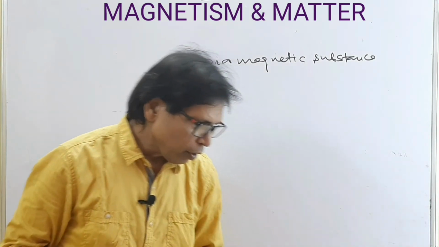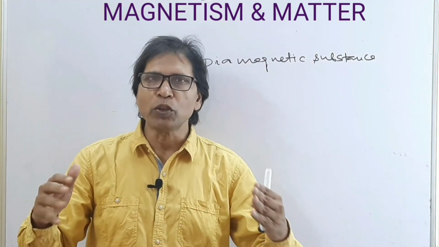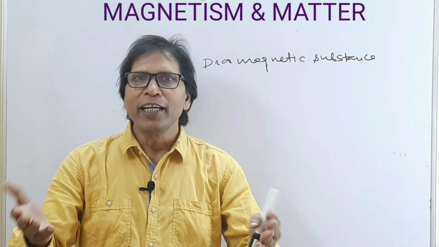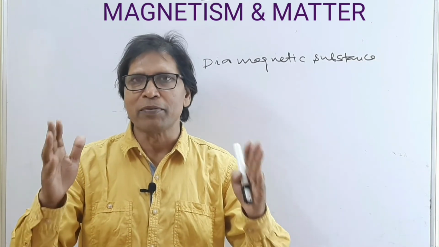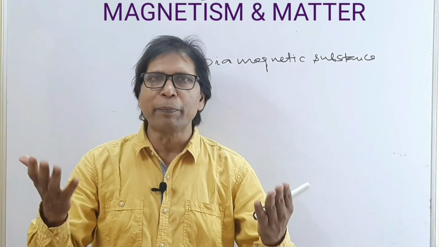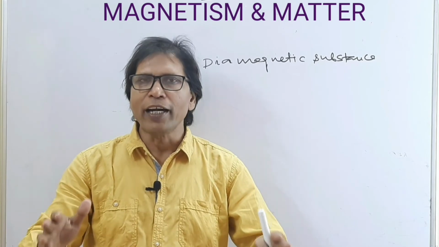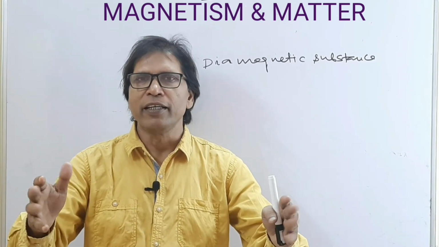Okay. Now diamagnetic substance. The substances which are weakly repelled by the magnetic field are called diamagnetic substances.